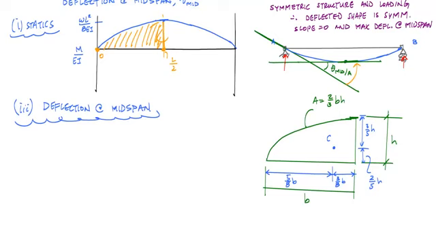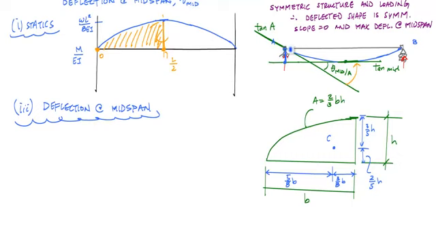When I take a closer look at the qualitative deflected shape, what I notice is that I have the tangent line at the midspan, and the tangent line at point A. Theorem number 2 says that the vertical deviation from the tangent line at midspan to point A can be calculated.